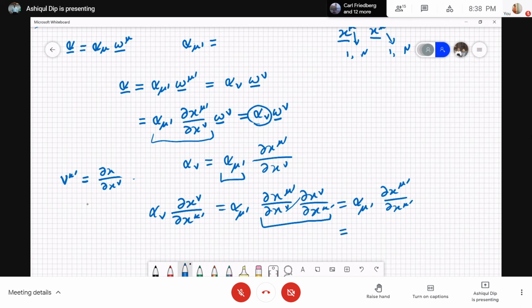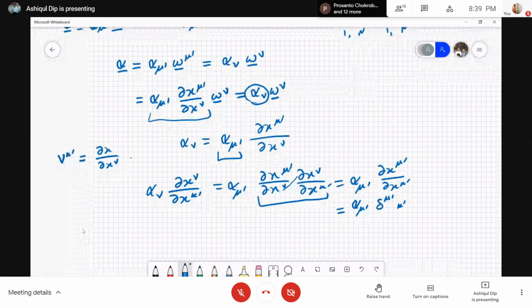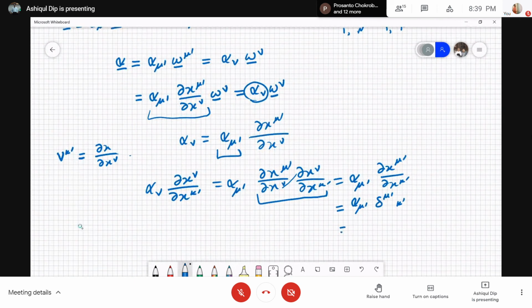And ∂x^μ′ by ∂x^κ′, what's that? It's the Kronecker delta, δ^μ′_κ′. And then if we write down the sum, what do you get? It's α_κ′.